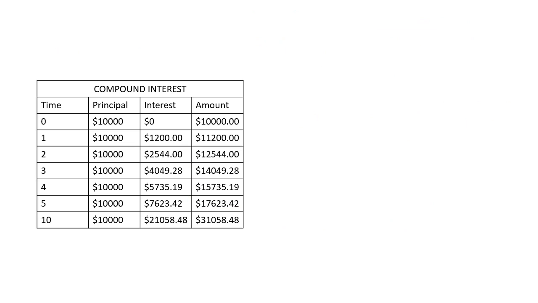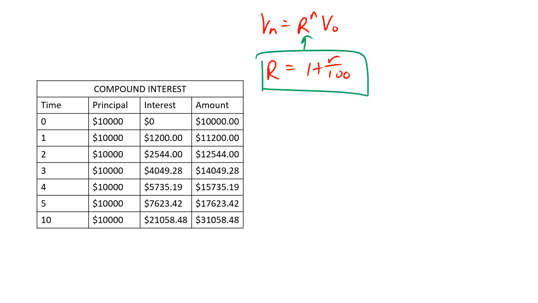So we did say that Vn equals R to the n times V naught. But we also said R equals 1 plus r over 100. So we can take this formula and stick it in there. That gives us that Vn equals 1 plus r over 100 to the power n times V naught. But we know that Vn is the amount we owe and V naught is the principal.